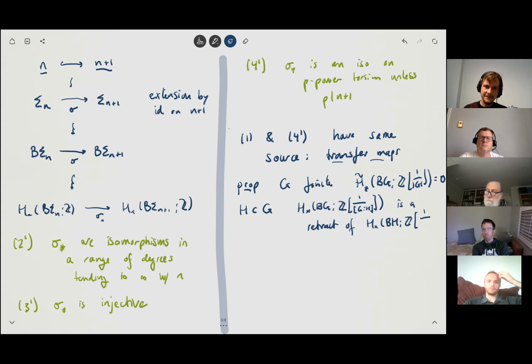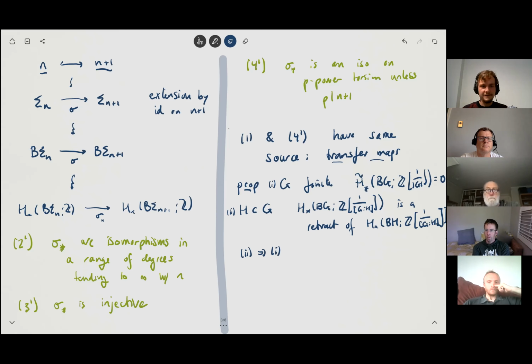So the first statement follows by applying the second one, with H being just the identity element. Okay, so 2 prime implies 2 implies 1.